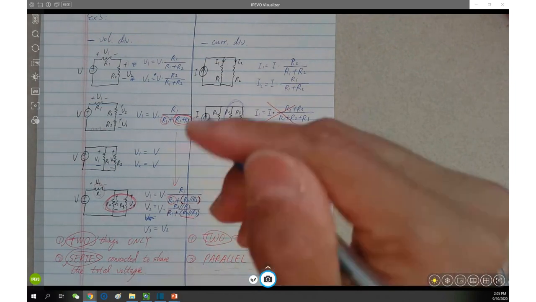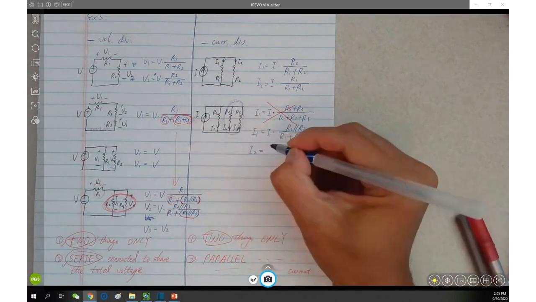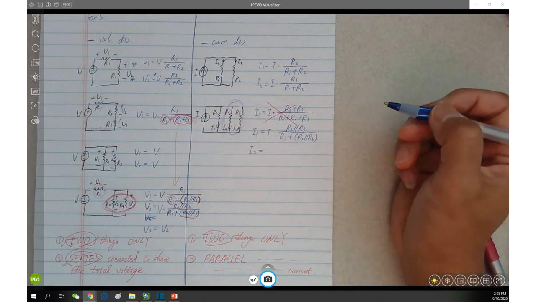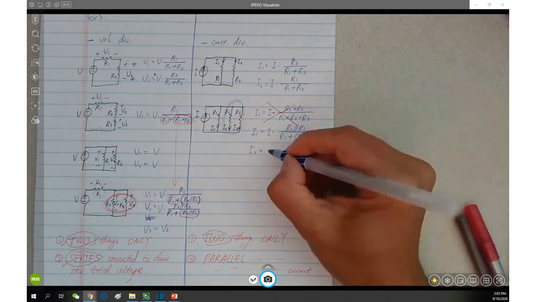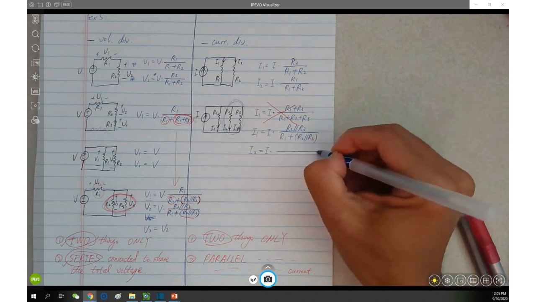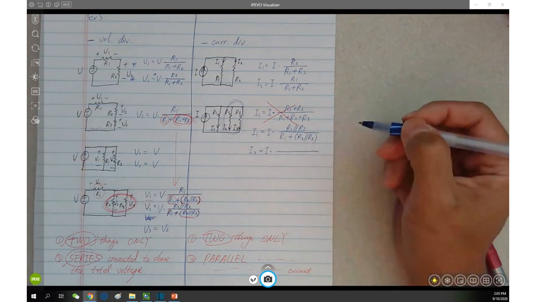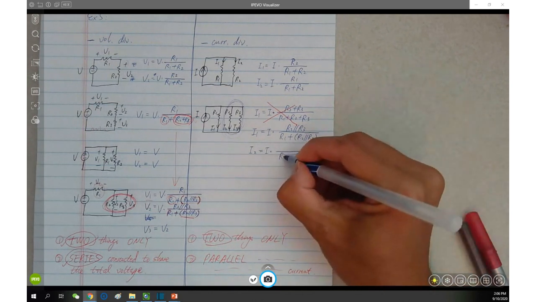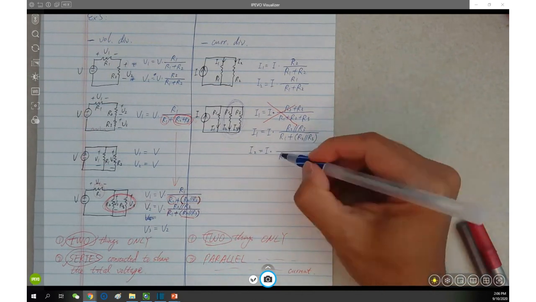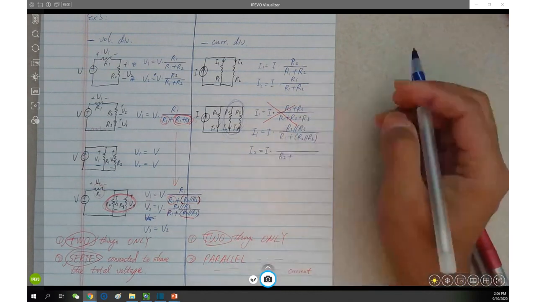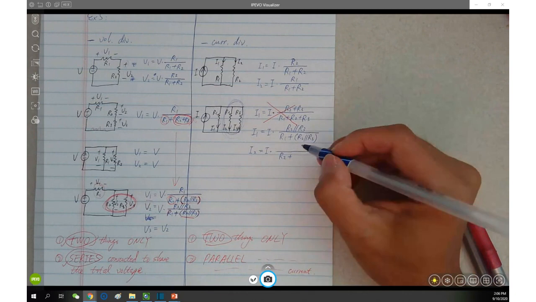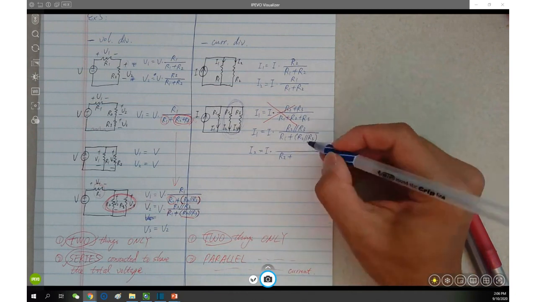If it does, then what is I2? Similarly, a ratio. The denominator is R2 this time because you need to keep it here. You can't combine R2 this time because you're looking for I2. So you need to combine R1 and R3.